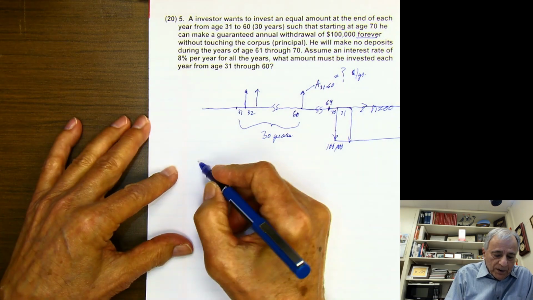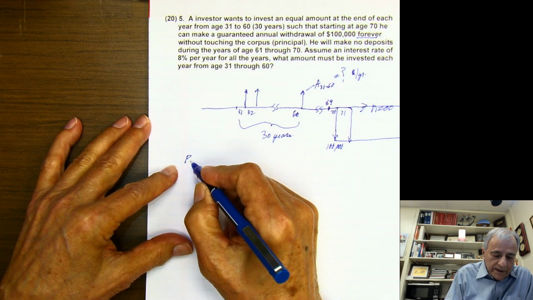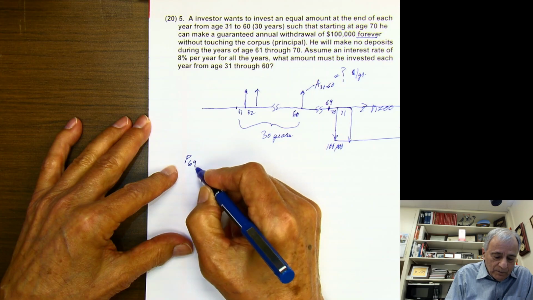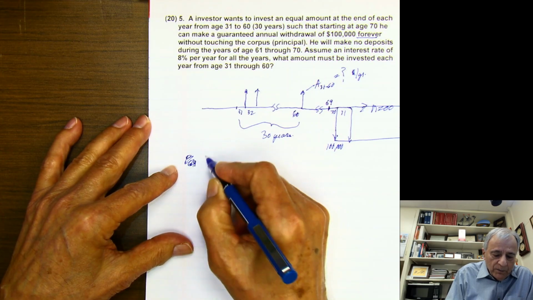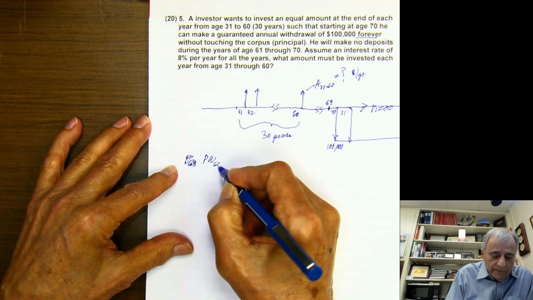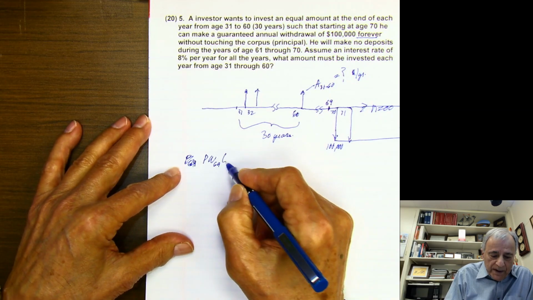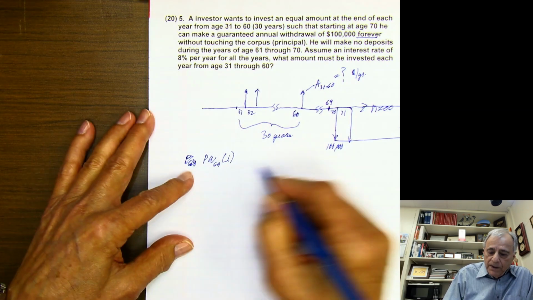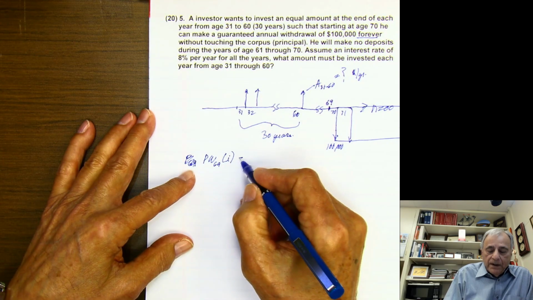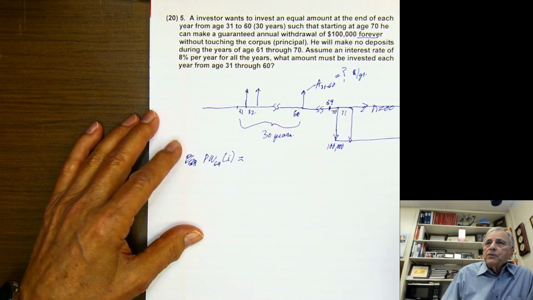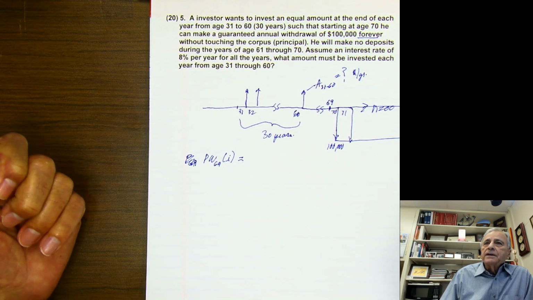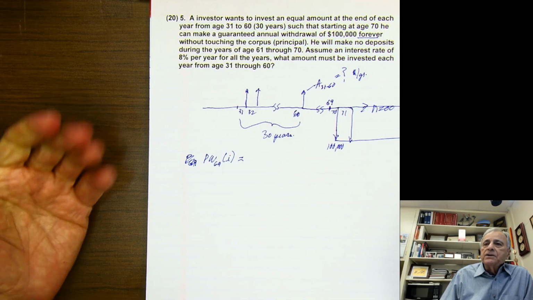So the present worth at year 69, at rate I, for this infinite A series: remember the formula, the present worth of an infinite A series is just the amount of the series divided by I.